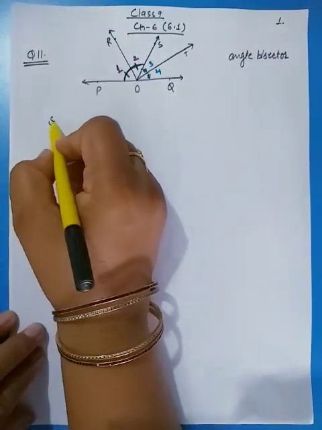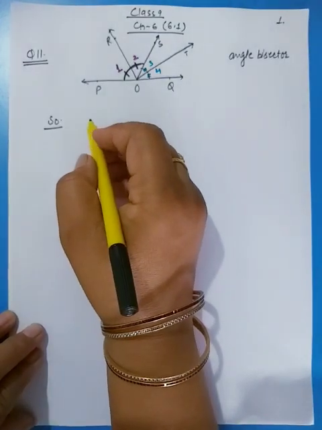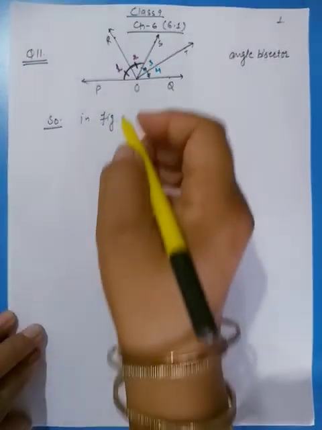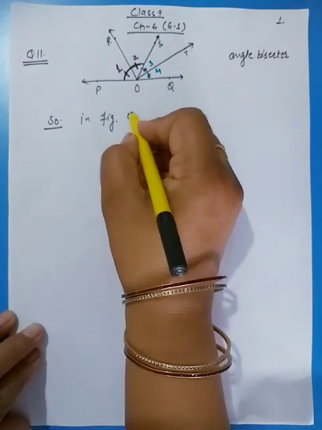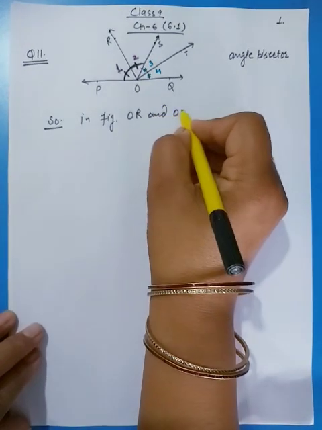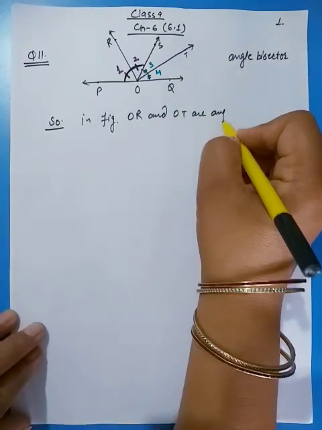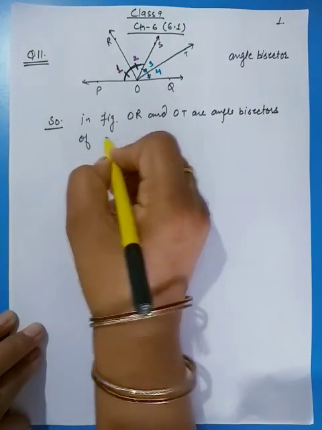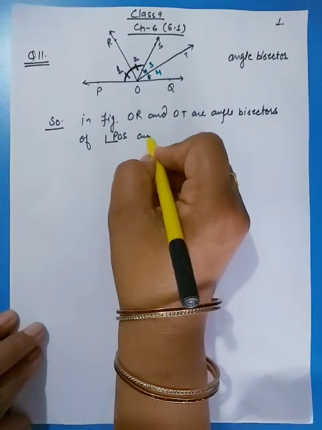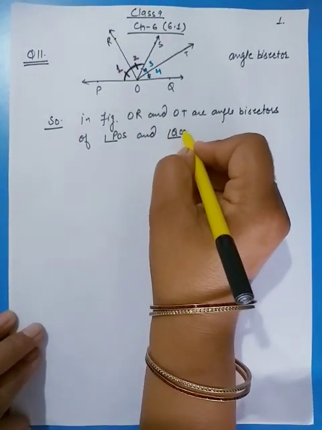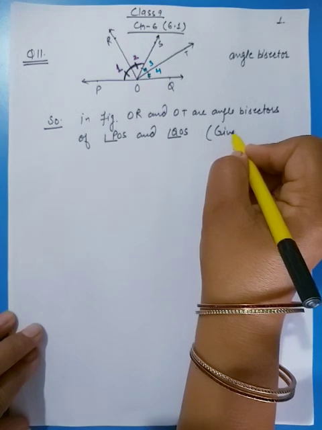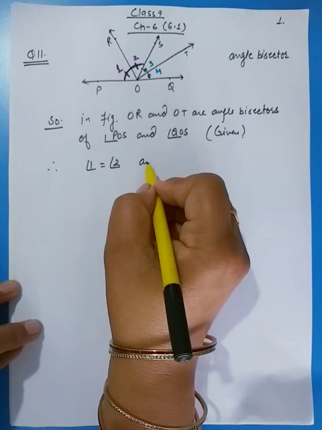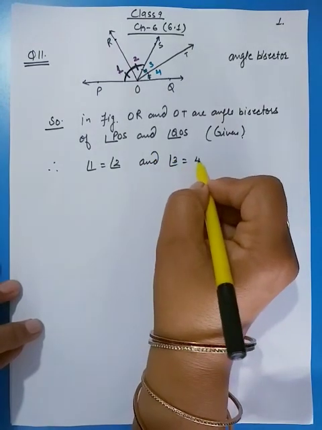So in the figure, OR and OT are angle bisectors of angle POS and angle QOS. This is given. So therefore angle 1 is equal to angle 2 and angle 3 is equal to angle 4.